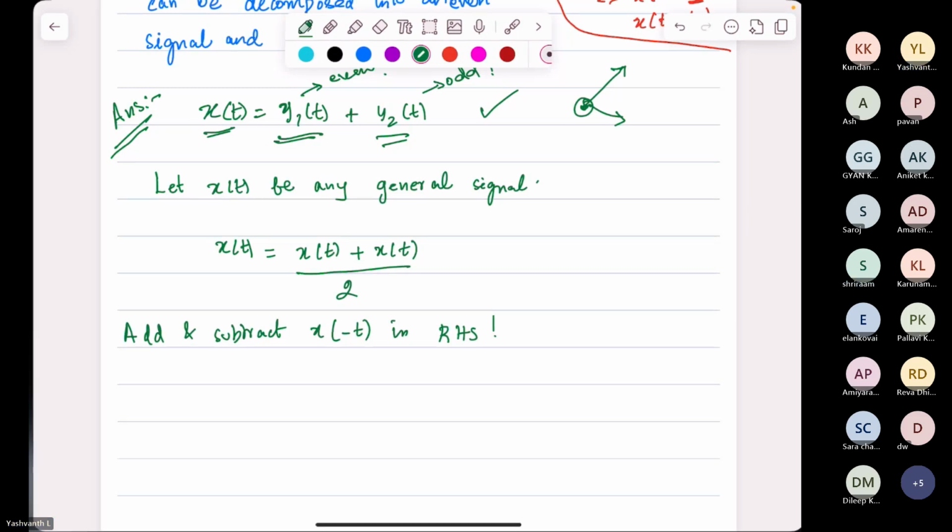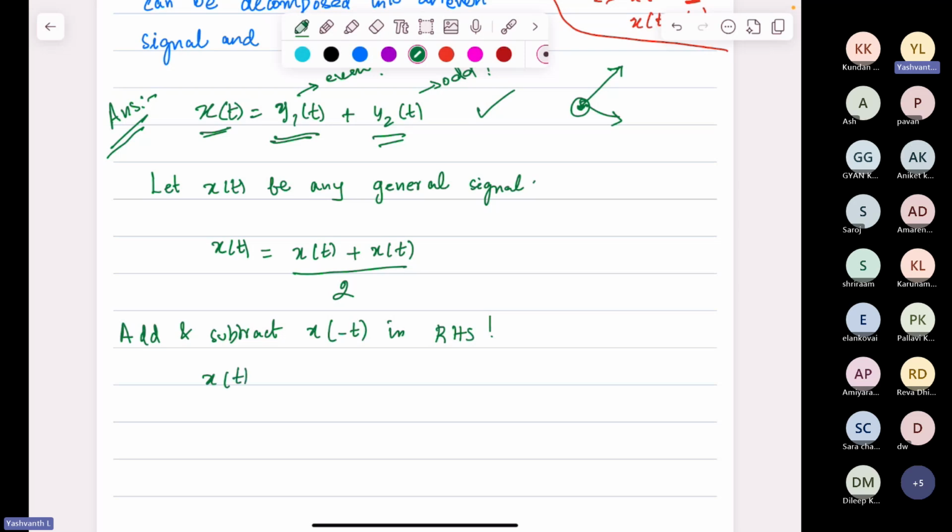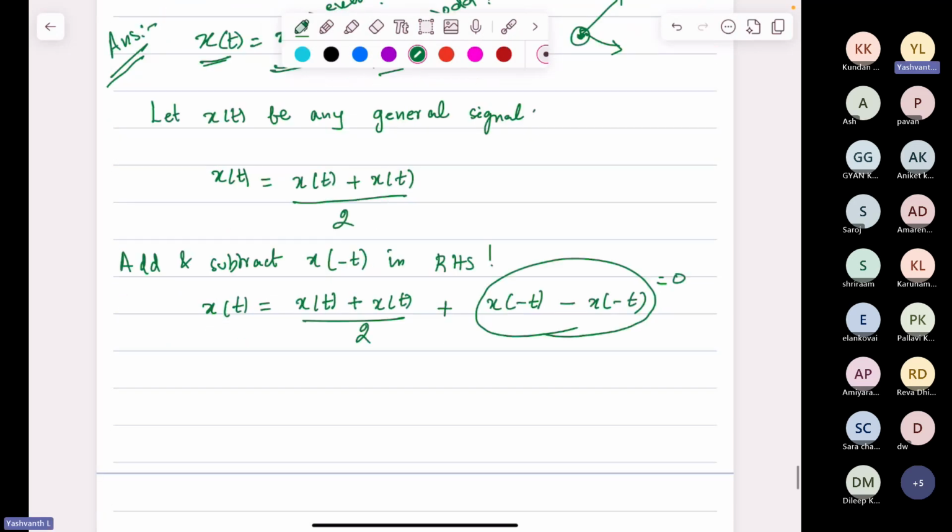Basically, I can write x of t as x of t plus x of t by 2, plus x of minus t minus x of minus t. Anyway, this is 0, so it doesn't change the value. Further, this is the same as x of t plus x of t by 2 plus x of minus t minus x of minus t by 2.